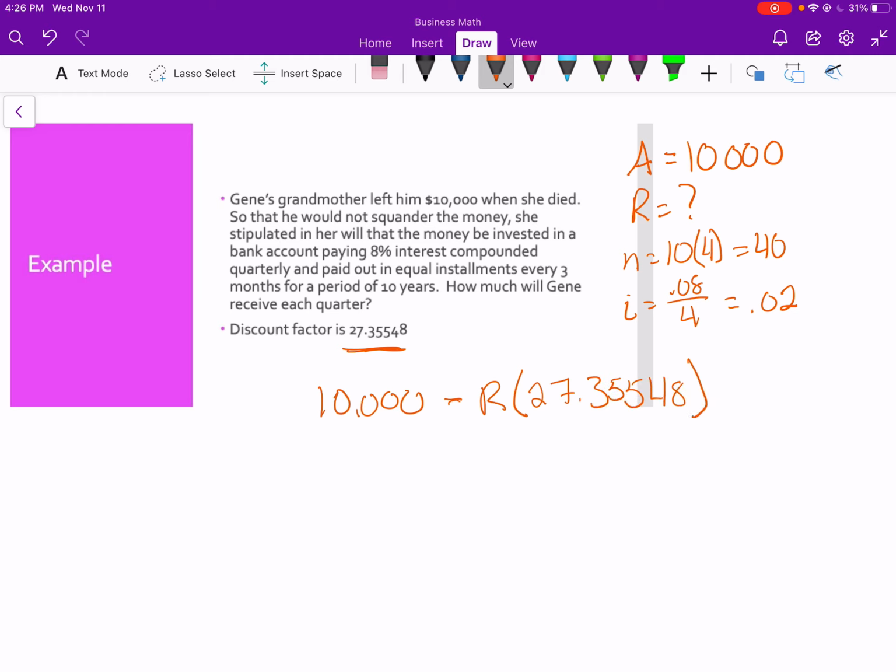We're going to assume it's an ordinary annuity, so we don't have that 1 plus I. When we divide, we find $365.56 equals R. So Jean is going to be getting $365.56 every quarter.